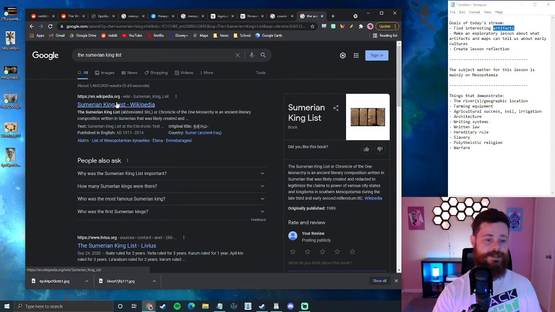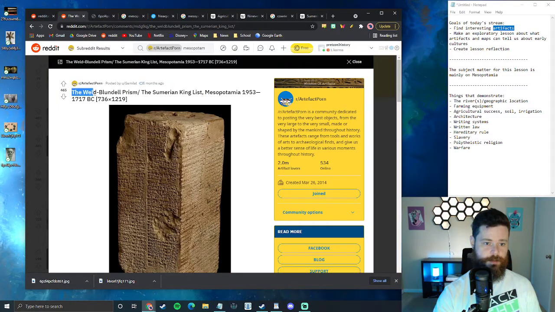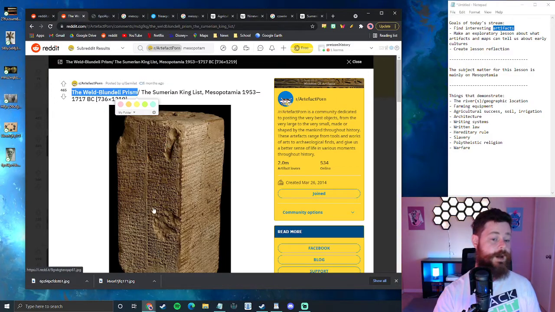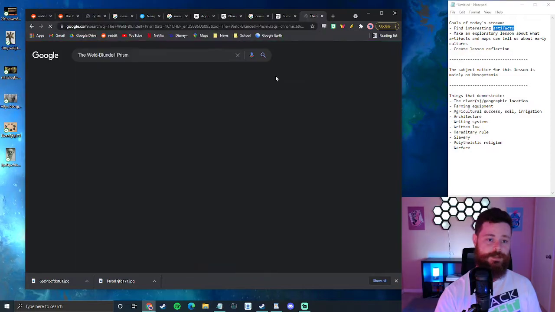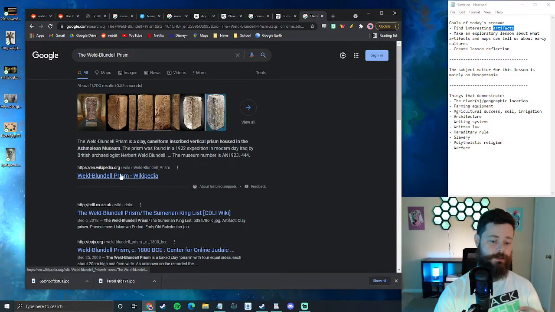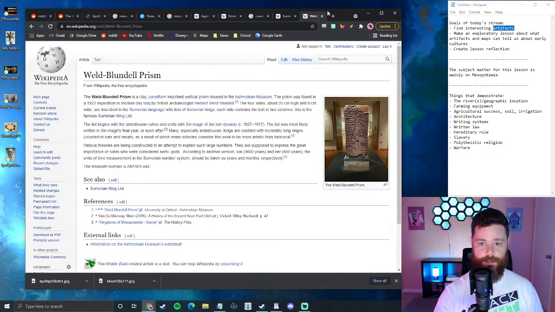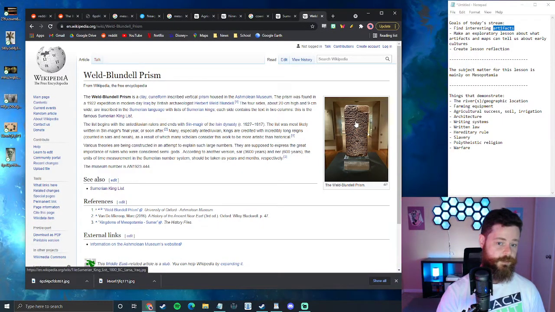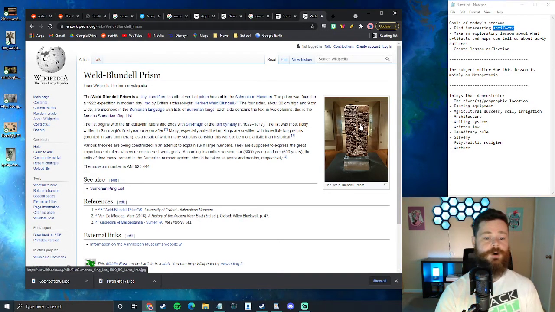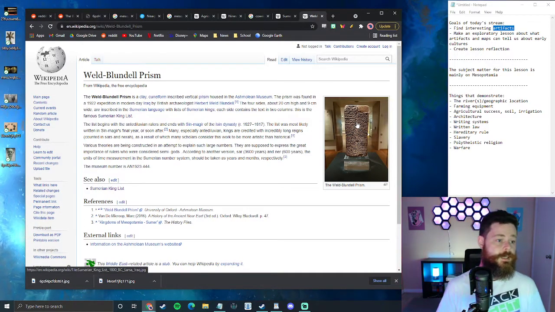So what it seems like is that this physical object is the Weld bundle prism, and the Sumerian king list is inscribed on the Weld bundle prism. So the object itself wouldn't be called the Sumerian king list, but the Sumerian king list is typed on it. Which is kind of weird, because if we think about the way that we label and title books, the title of the book is the book.